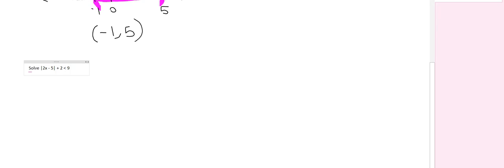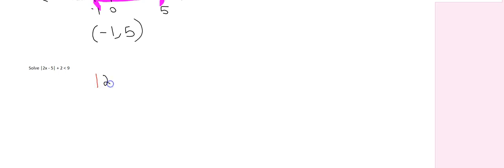In order for us to start solving this problem, we have to make sure to isolate the absolute value first. I must isolate the absolute value by subtracting the positive 2 on both sides. So let me start this problem here on the side.